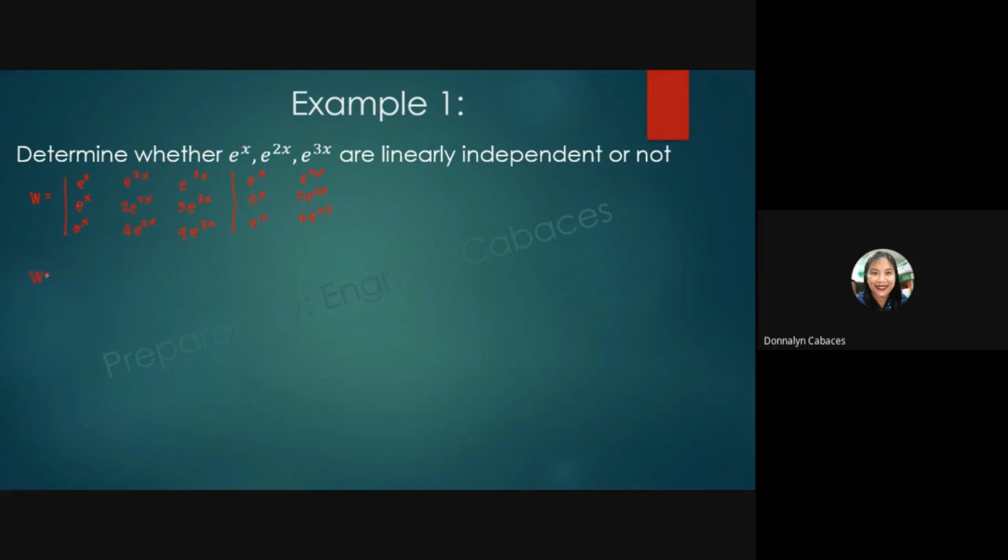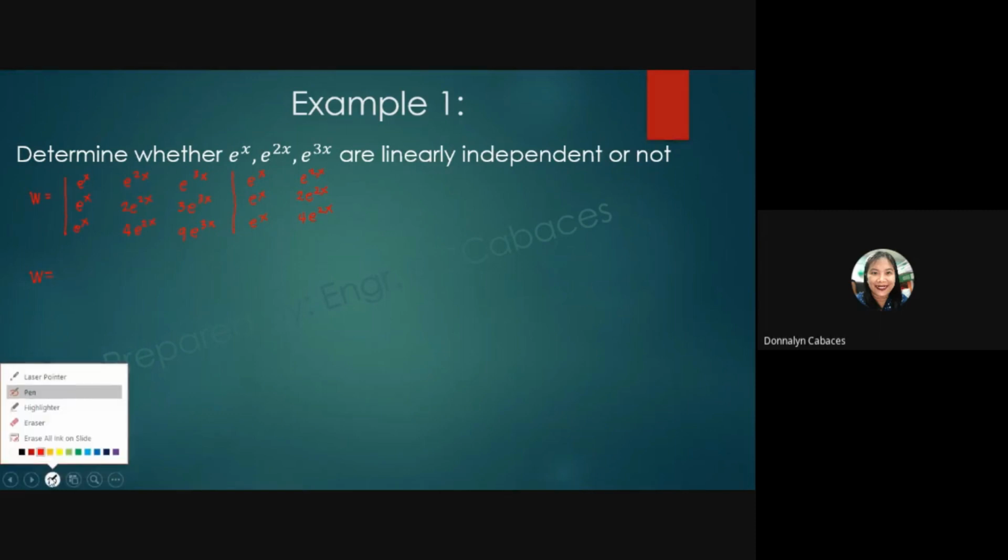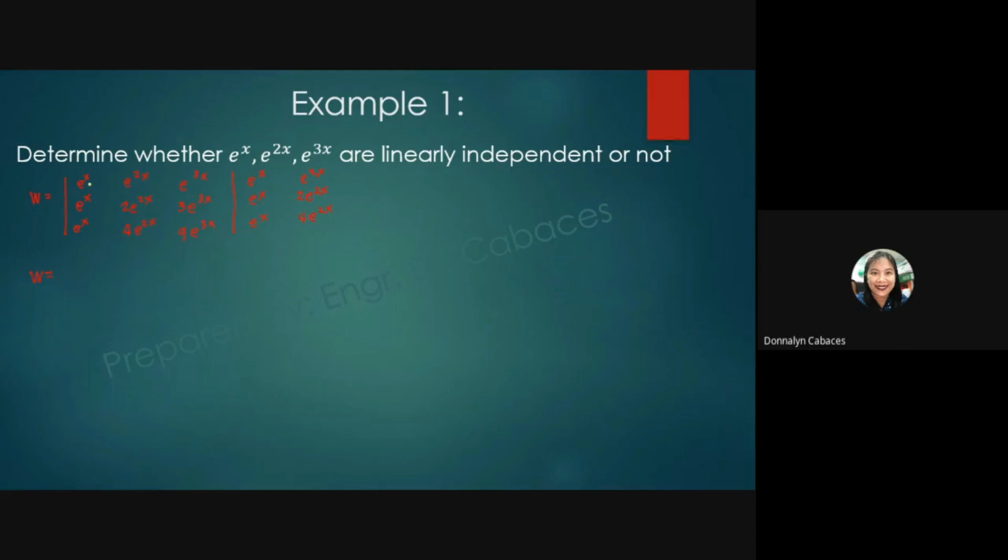Then, it is called a diagonal or basket method because you actually draw diagonal lines going down and going up, and then you take the product of those terms in the diagonal line. So the first one, you have e to the x times e to the 2x times 9e to the 3x, which gives us the product of 18e to the 6x.